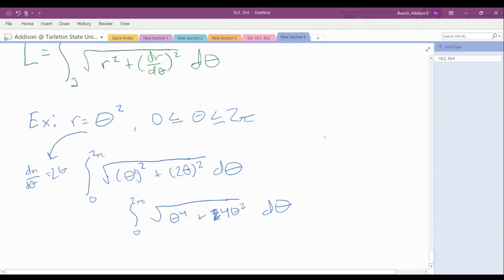I believe the answer for this question, if you want to know, is 8/3 times pi squared plus 1 to the 3/2 minus 1.